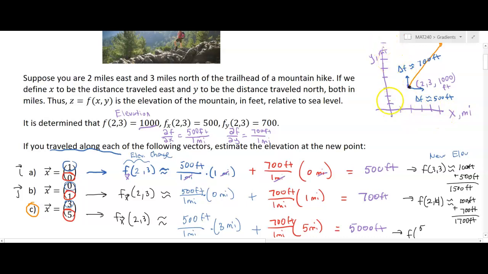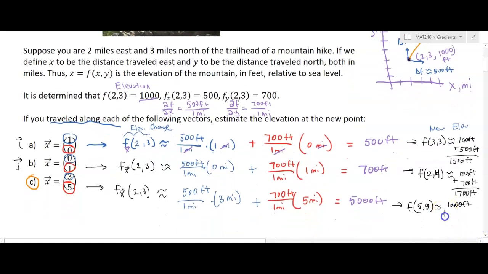And we're all the way up here at 1, 2, 3, 4, 5, 6, 7, 8, which is our y position of 3 plus 5, puts us now at the position (5, 8). So our new elevation would be where we were at the point (2, 3), which is 1,000 feet of elevation. But now we've gained 5,000 feet of elevation, and so that should put us at 6,000 feet.